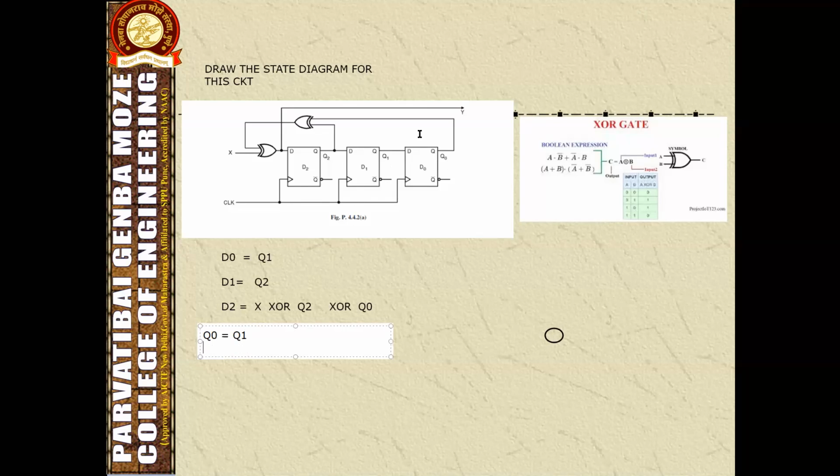These are the outputs here. Q1 gets the input from Q2, so Q1 is Q2. And what is the output at this Q2?